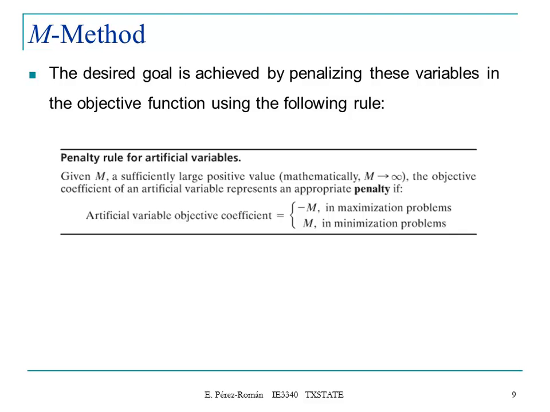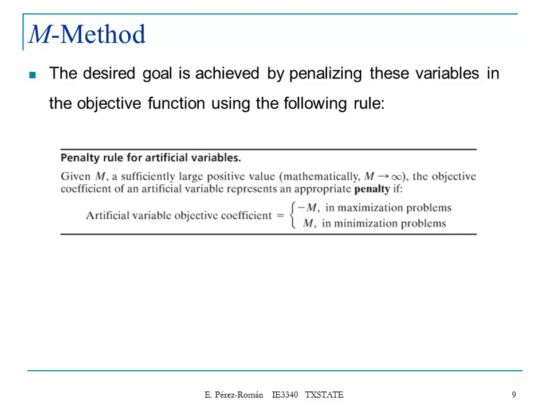The objective coefficient of an artificial variable represents an appropriate penalty if the artificial variable objective coefficient is minus M in maximization problems and positive M in minimization problems.